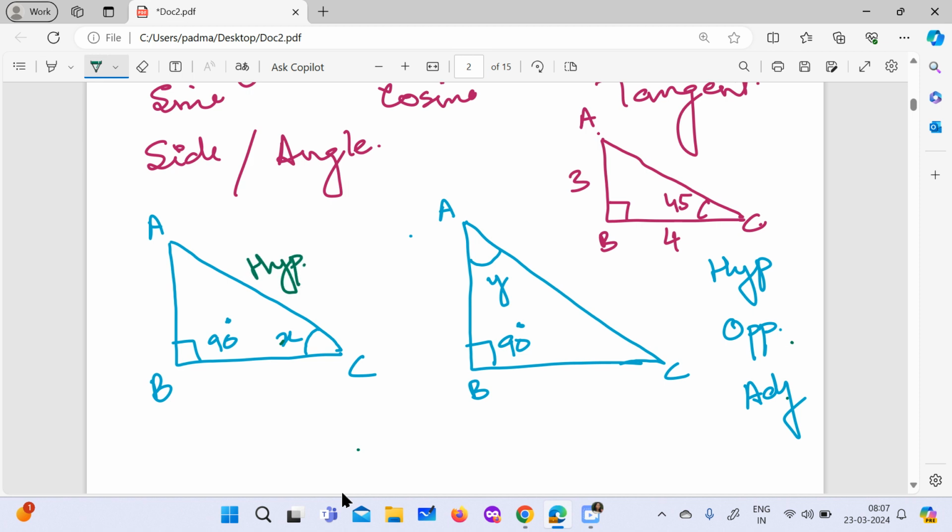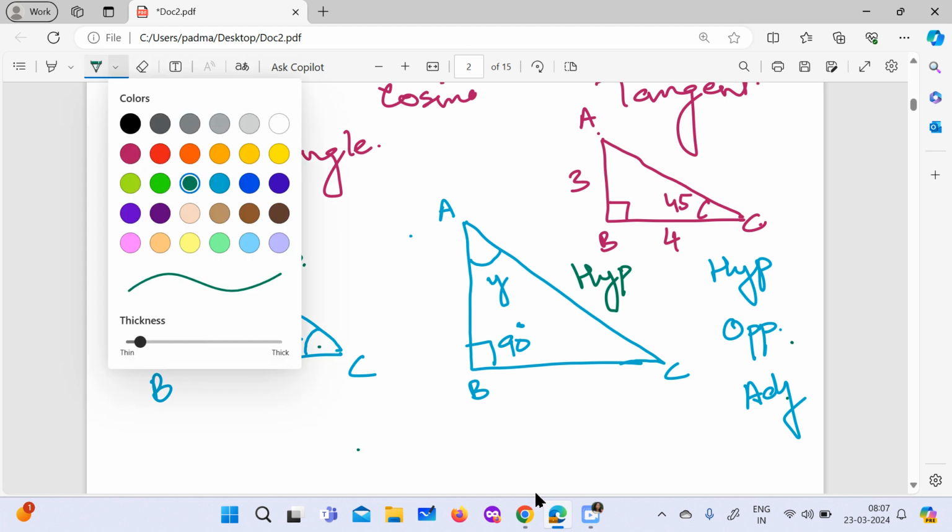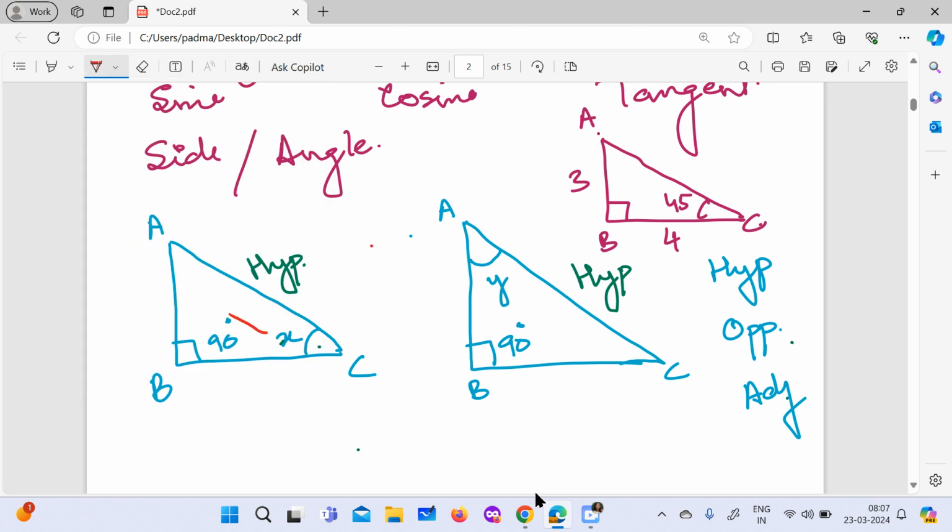So let me mark it as hypotenuse. This is the hypotenuse as well. Now if you see, angle X is here, and very clearly you can see that opposite to this angle X is this side. So this is my opposite with respect to this angle X, and this side will be adjacent with respect to this angle X. I hope this is clear.